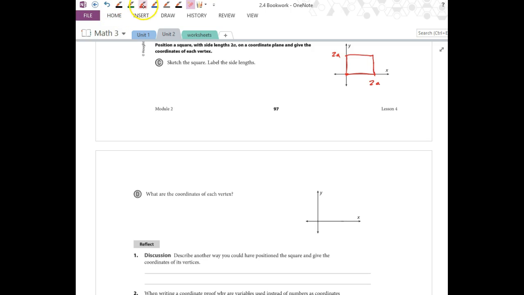So what are the four vertices if I draw it the way I have it? 0, 0. The next one is 2a, 0. Then 0, 2a. The last one is 2a, 2a. Perfect.